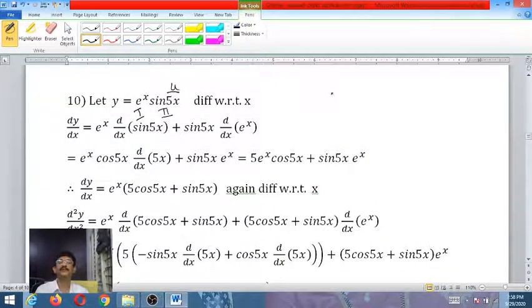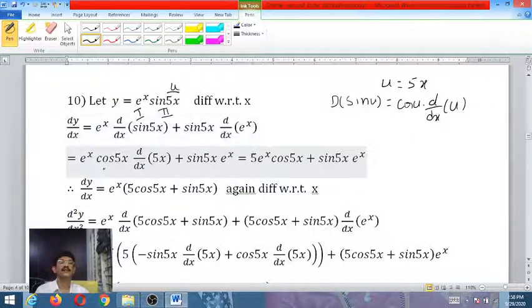What is the derivative of sine u? Sine u derivative is cos u into derivative of u. What is u here? We see that u is nothing but 5x. So here cos 5x into derivative of 5x. Again e power x here is there. This derivative is e power x only.